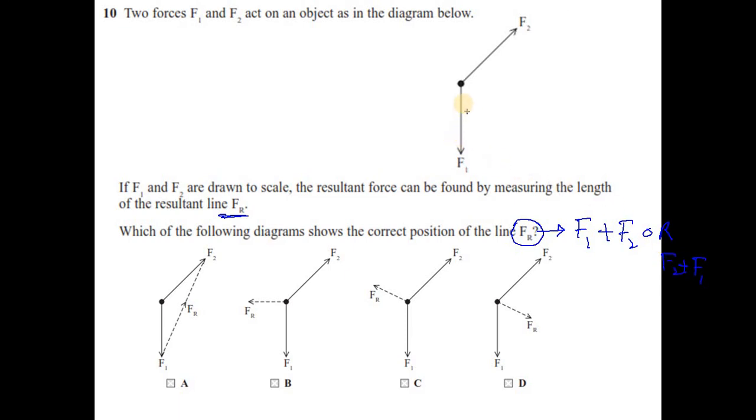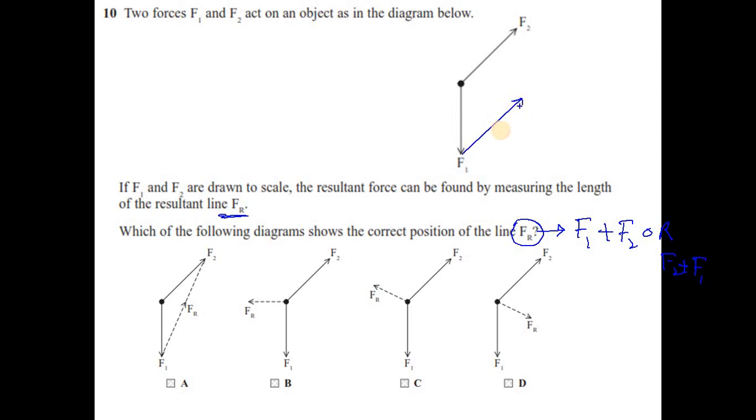So you can think in a way that you are joining the tail of F2 with the head of F1. If you drag F2 and join the tail of F2 with the head, you do something like this.